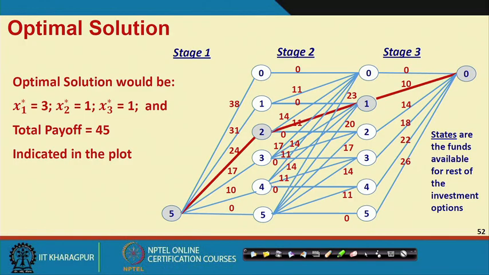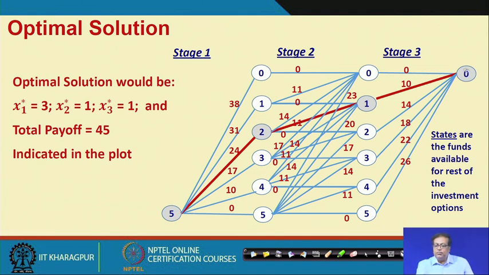This 45 payoff is shown in this diagram, look here at how this has happened. If we come from the backward direction, from stage 1 we have invested 1 here and got a return of 10, we invested another 1 here and got a return of 11, and then we invested 3 here and got a return of 24.